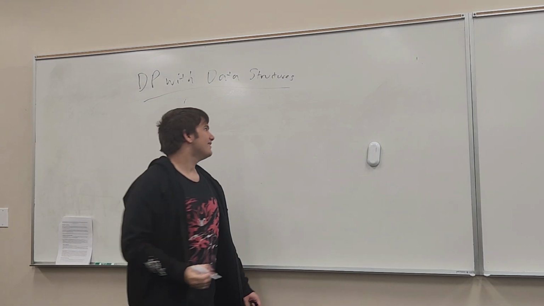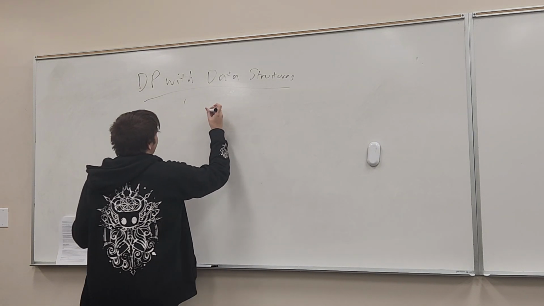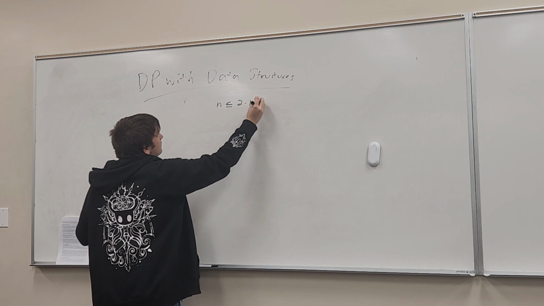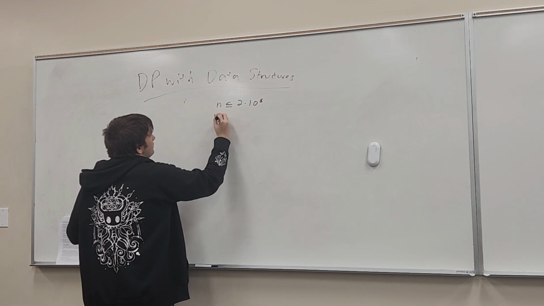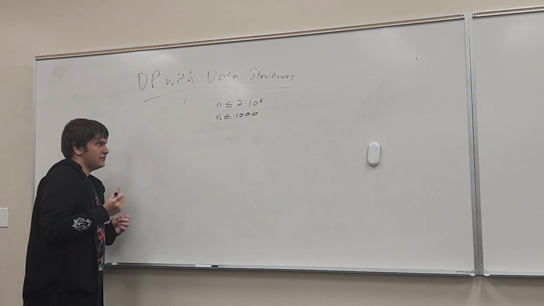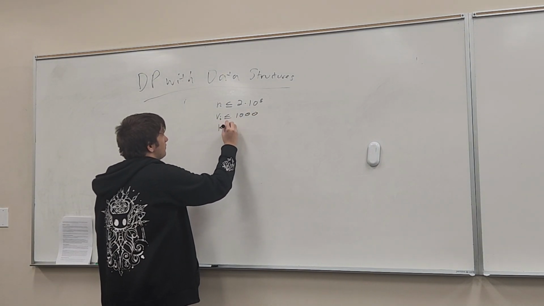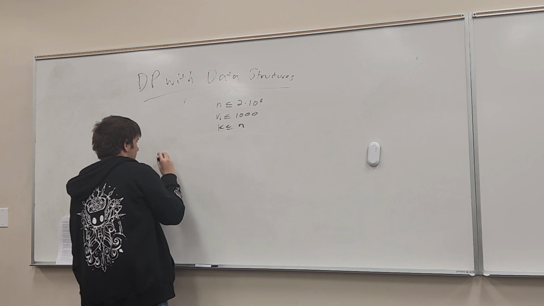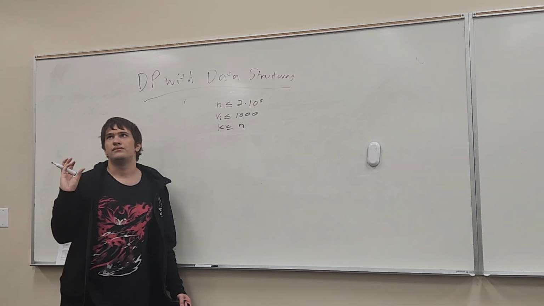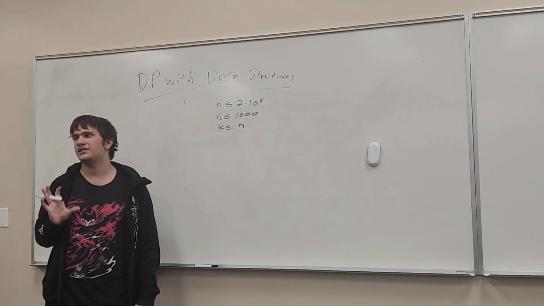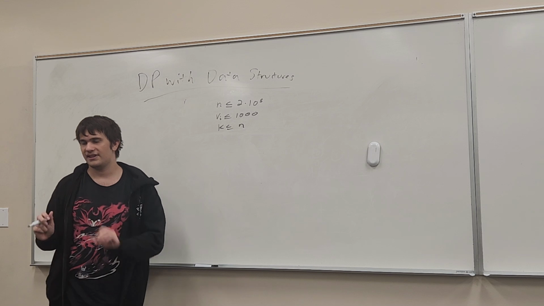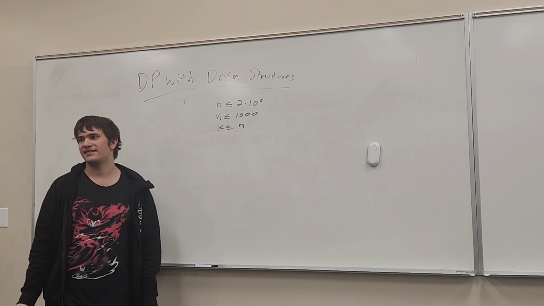So you have an array of n numbers, where n is up to 2 times 10 to the 5th. And each of the values in the array is bounded by 1000. You're also given a number k, which is bounded by n. What you're going to do is split the array into k contiguous disjoint subarrays, such that each element is in exactly one subarray.